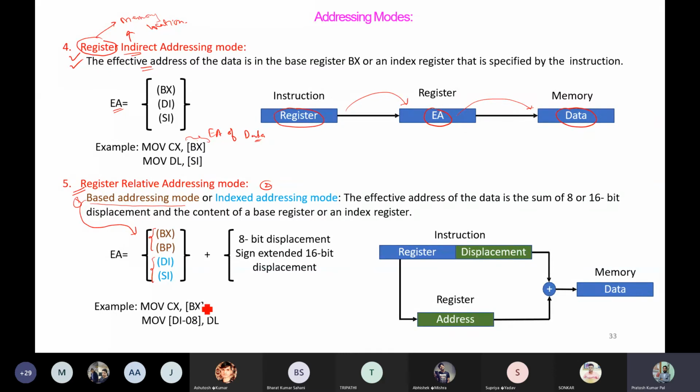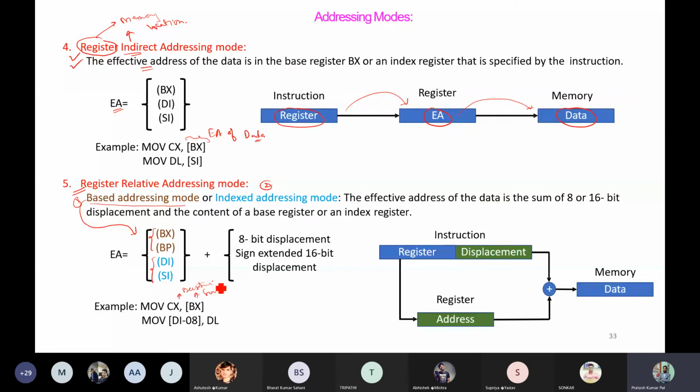Either the source is there or the destination is there. In the instruction this is always called the source and this is the destination. We will have this, which is called a relative addressing mode.